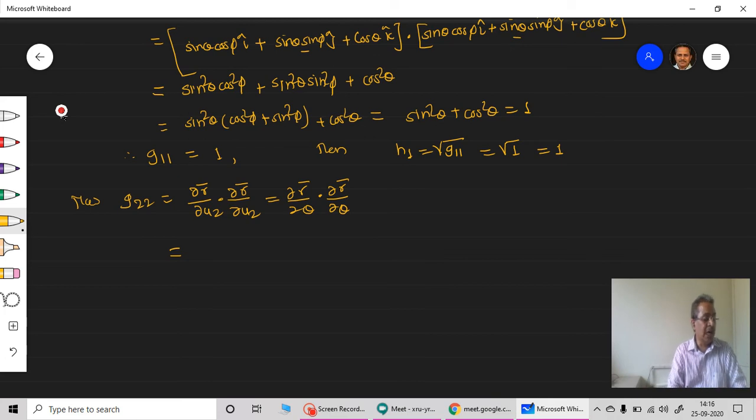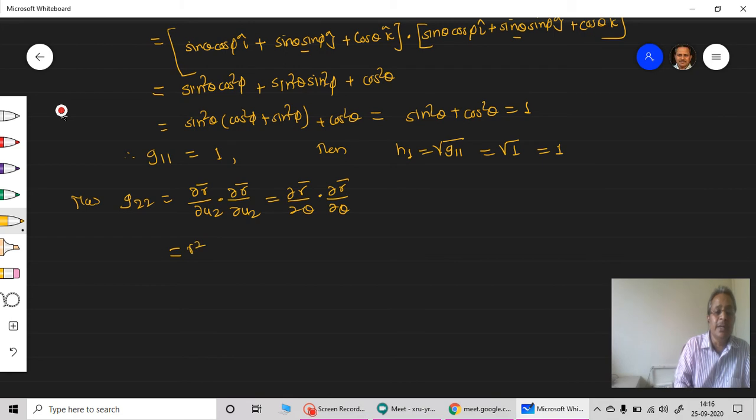Again only i dot i, j dot j, k dot k will survive, and the remaining cross terms, that means i dot j, j dot k, etc., will be 0, because this system is an orthogonal curvilinear coordinate system. So only the products of i dot i, j dot j, k dot k will survive, and hence G22 will be obtained to be r square.